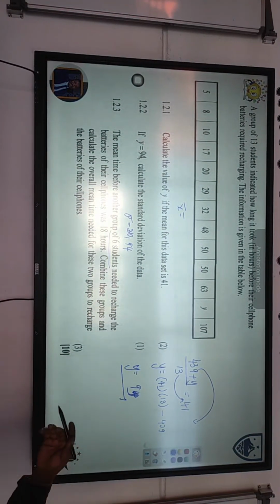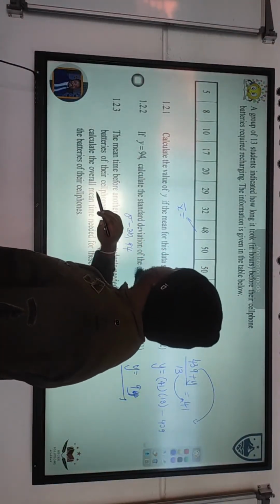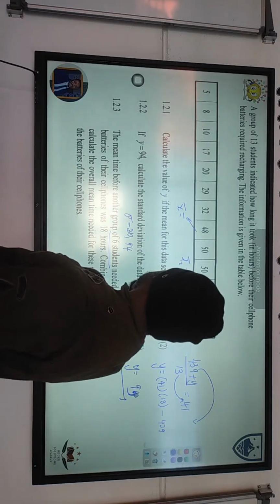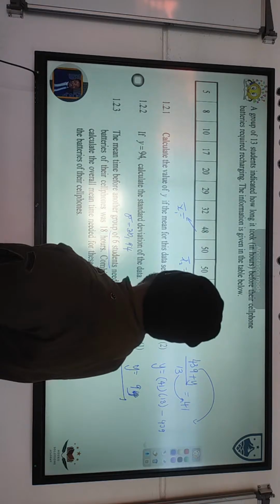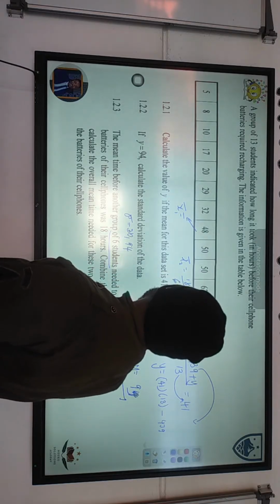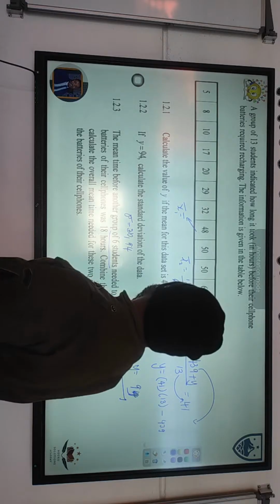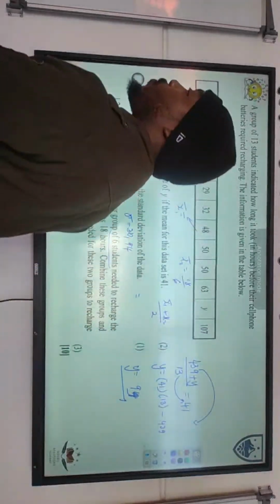You have two means. This will give you the first mean, and then the 6 students, 18 hours divided by 6, will give you the second mean. You take mean 1 plus mean 2 and you divide it by 2, and you calculate the overall mean which is required.